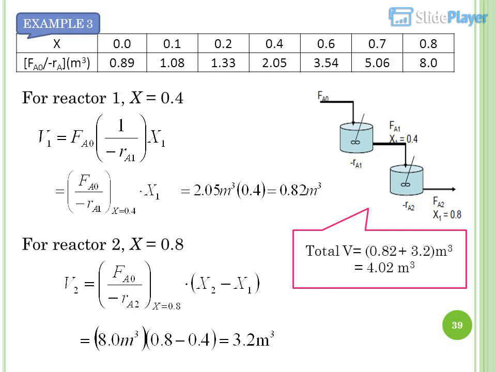For reactor 1, X equals 0.4. For reactor 2, X equals 0.8. Total V equals 0.82 plus 3.2 cubic meters, which is 4.02 cubic meters.